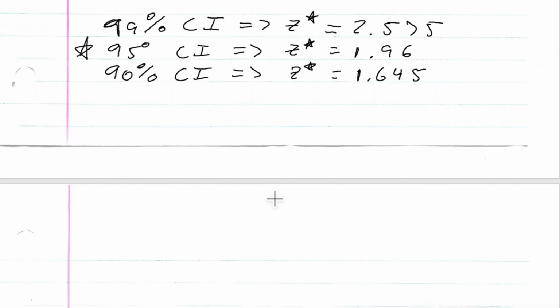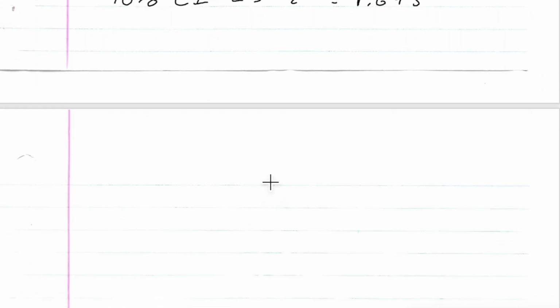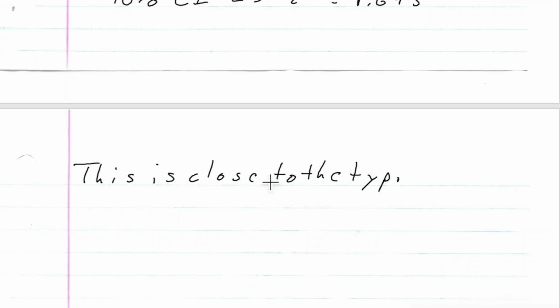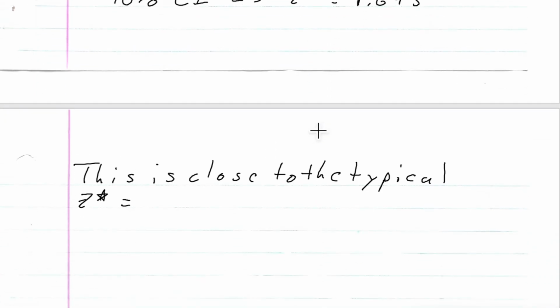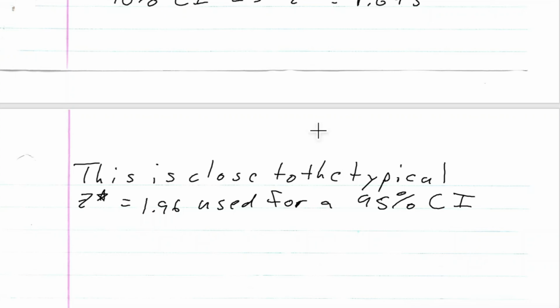So let's go ahead and go down here. So this is close to the typical z star equals 1.96 used for a 95% confidence interval.